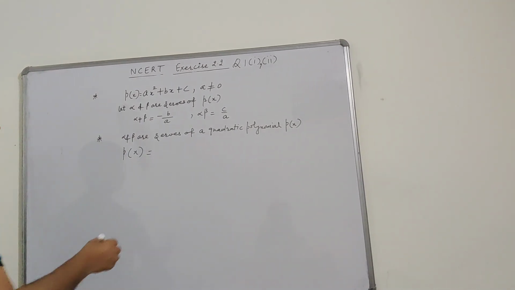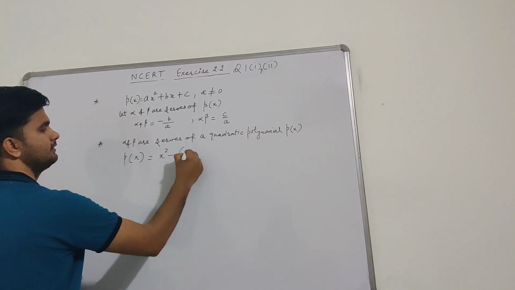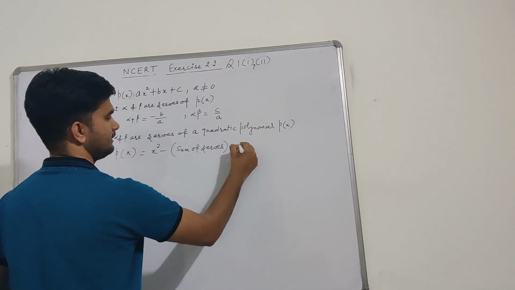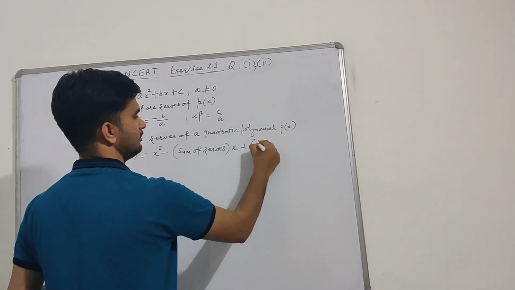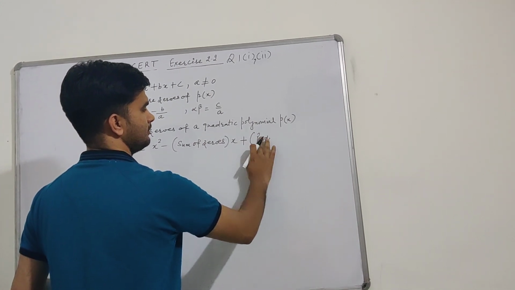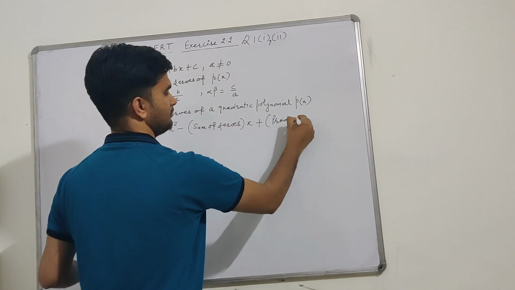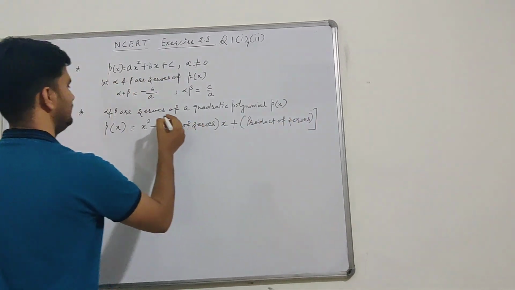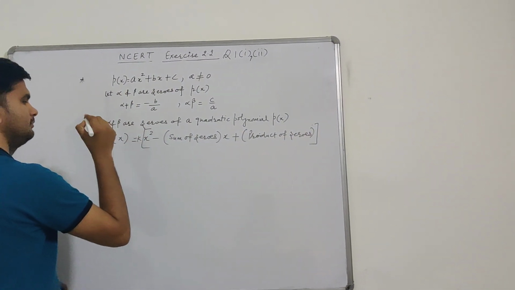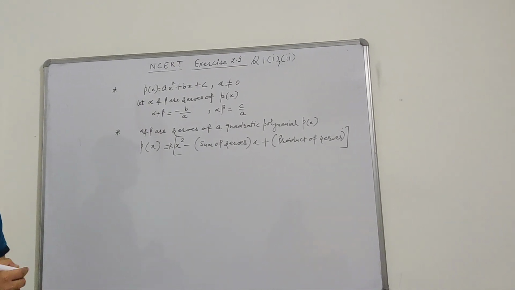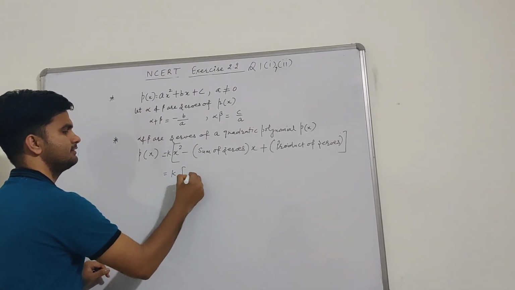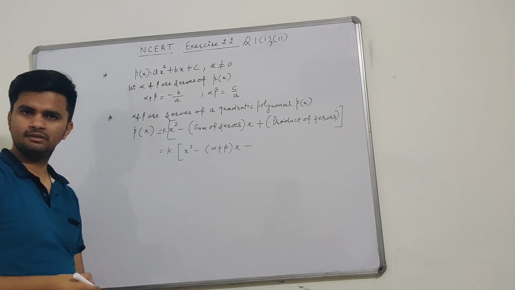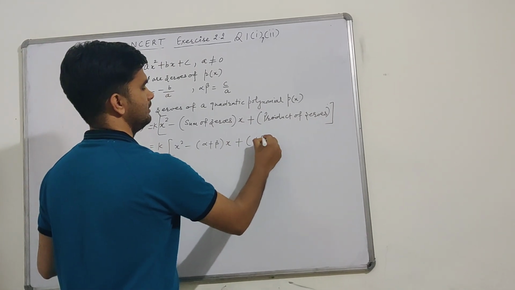Px is equal to x square minus sum of zeros into x plus product of zeros, and this complete polynomial will multiply with k. K means any constant term, or we can write it in this way also: x square minus alpha plus beta into x plus alpha beta.